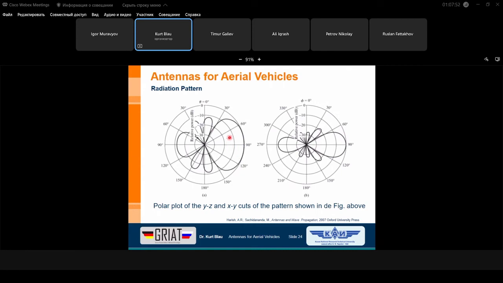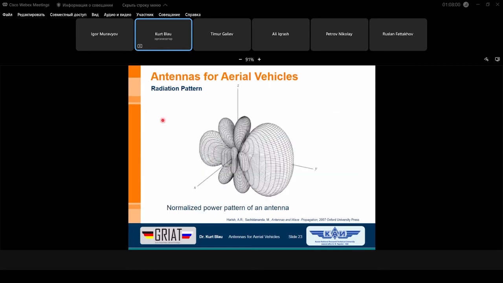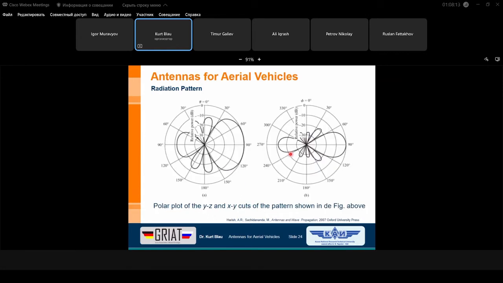On the left diagram, you can see the radiation pattern of this antenna. In this case, this is the ZY plane. We can see here the very large half power beamwidth in the ZY plane.